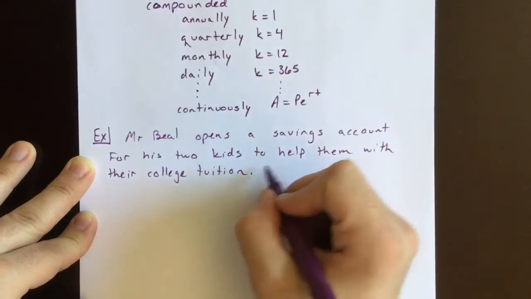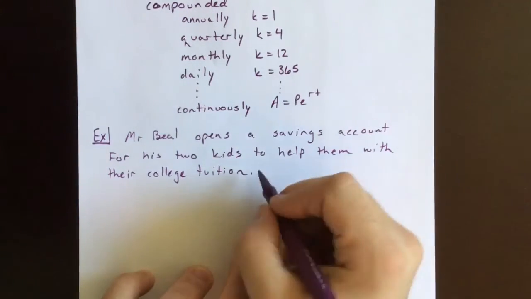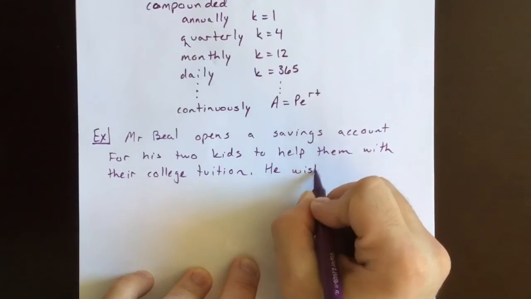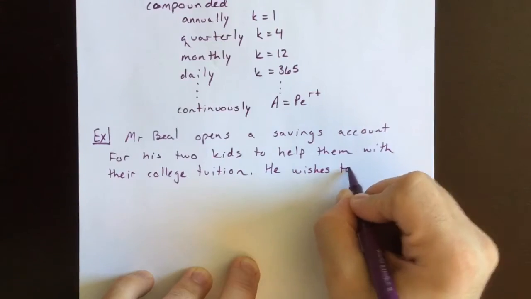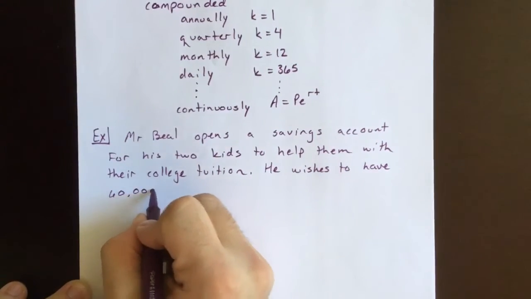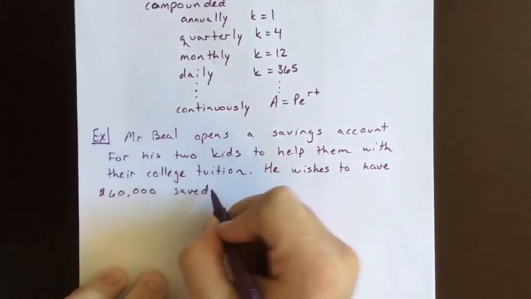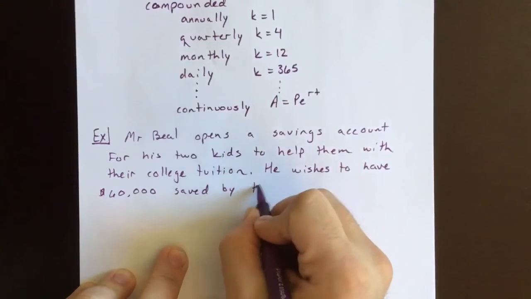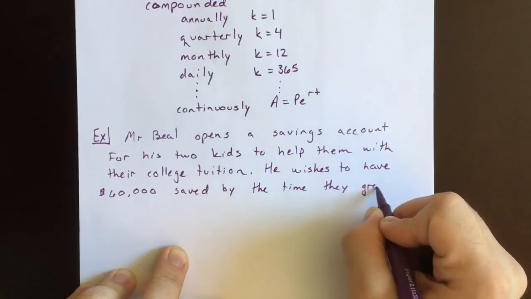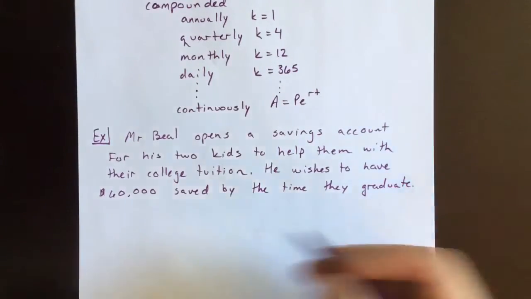Okay. So I wish to have $60,000 by the time they graduate. Okay, we're going to assume 17 years for this.